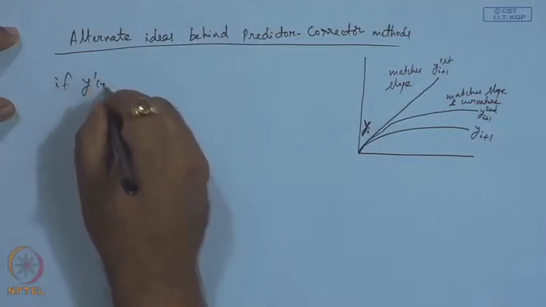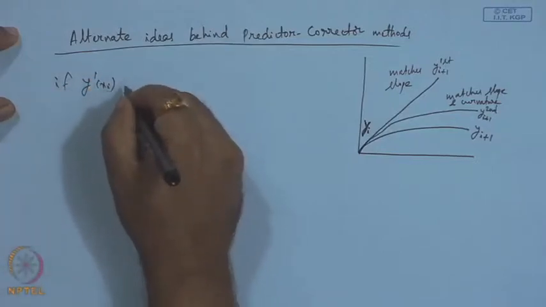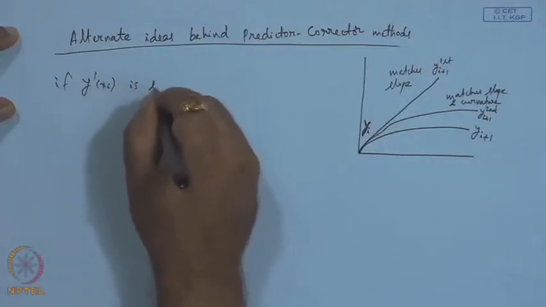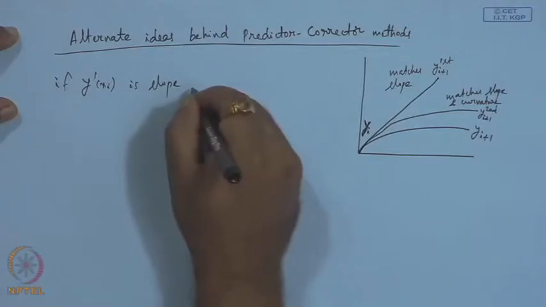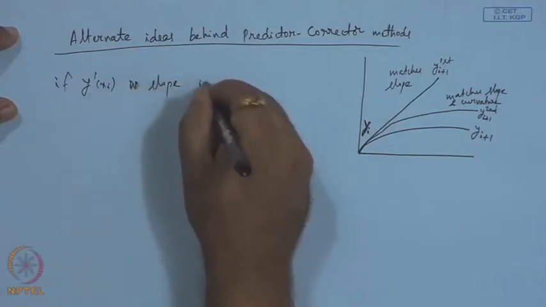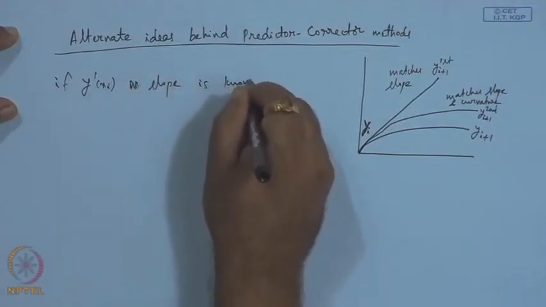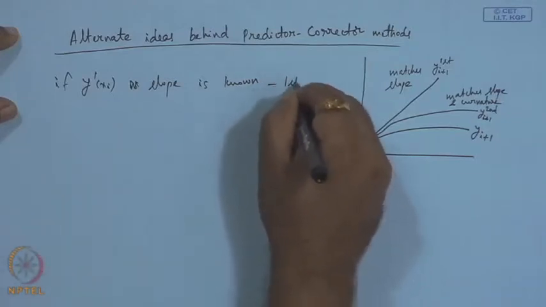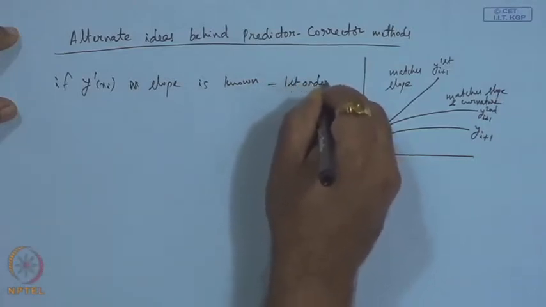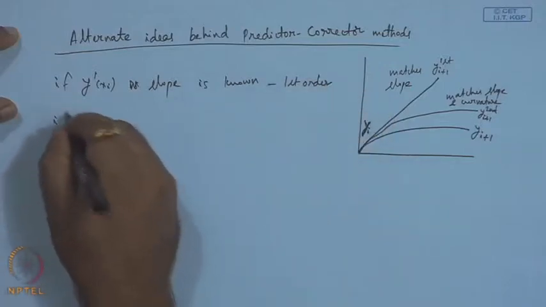So, if y dash of x i, the slope, is known, then it is a first order approximation.